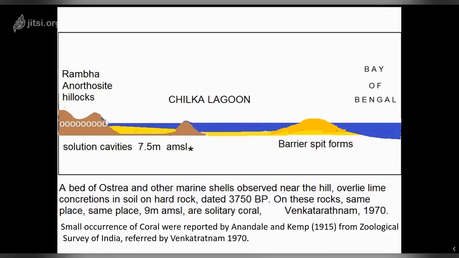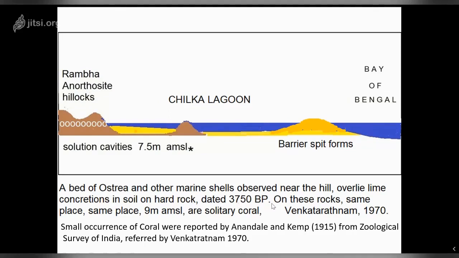Now, 5 meters plus maybe another 3 meters by tectonic uplift. Here you can see, I have mentioned here, this 9 meter coral reported by Anandel and Kemp from Zoological Survey of India, which Venkatratnam has mentioned in his paper, and his sample of shell collected from higher level has dated 3,750 years BP.